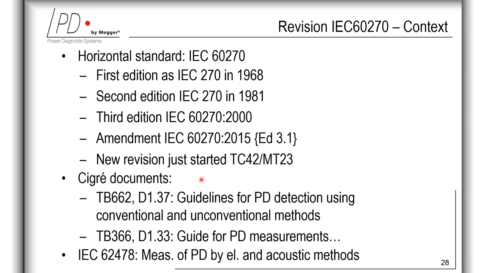And the related CIGRE documents are TB662 D137, which is the guidelines for partial discharge detection using conventional and unconventional methods, and TB366 D133, and also the IEC 62478. This is the measurement of partial discharges by electromagnetic and acoustic methods.